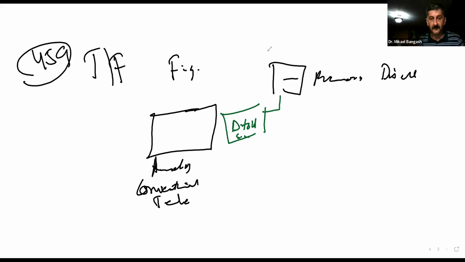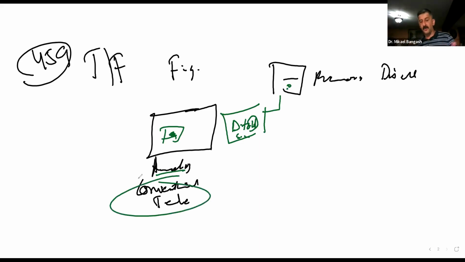So the digital image data from this system has to be converted into an analog format so it can be displayed on this conventional television or conventional display. Did that make sense? All this will be post-processing.